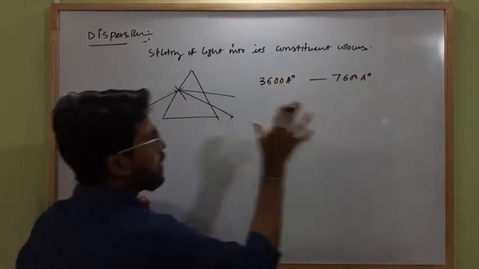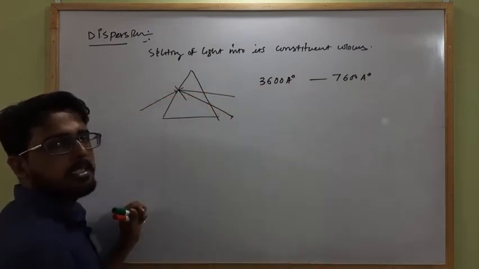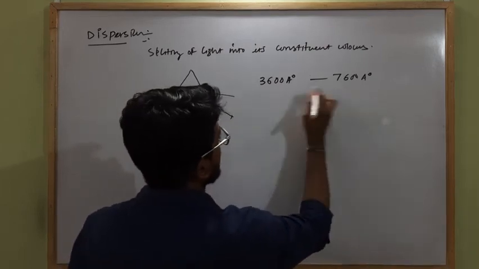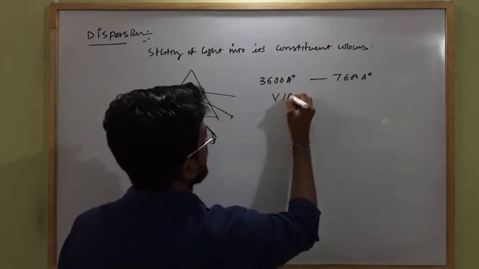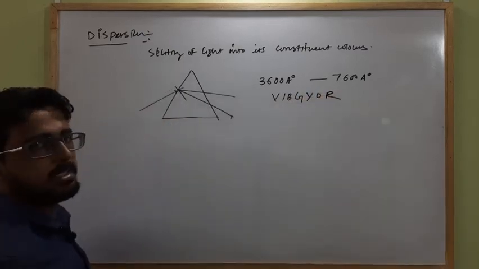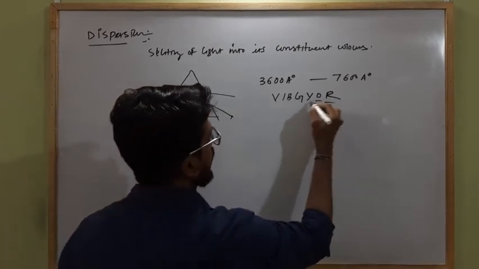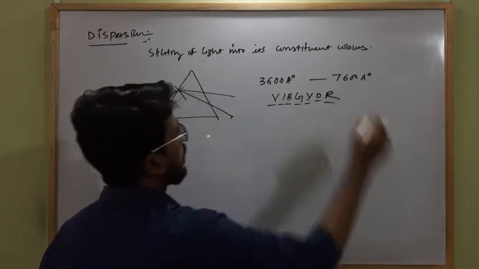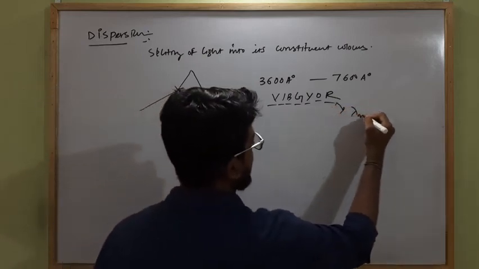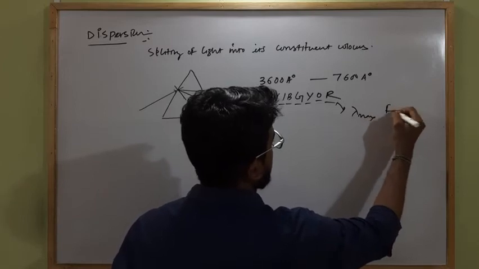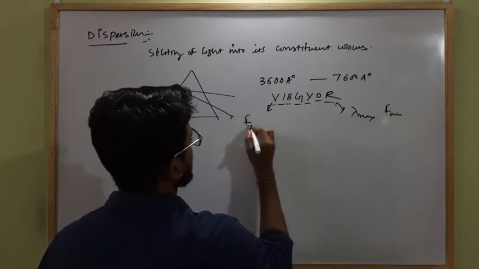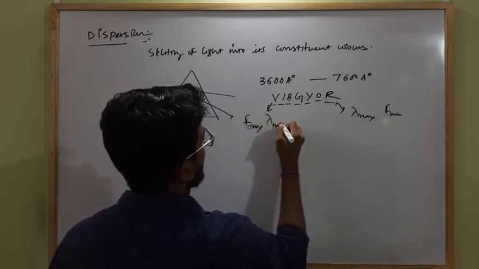Within this range we call the electromagnetic wave the visible region, and VIBGYOR colors lie within this: red, orange, yellow, green, blue, indigo and violet. The 7 colors. Red has maximum wavelength and minimum frequency. Violet has maximum frequency and minimum wavelength.